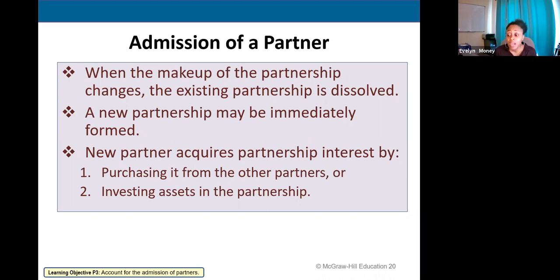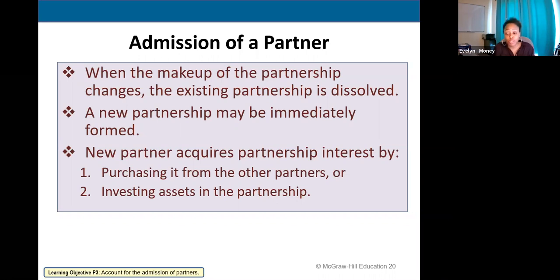And a new partner can come in one of two ways. They can either purchase the investment or the interest of one of the old partners, or they can bring assets into the partnership itself. Now, when a new partner comes in by purchasing the interest from another partner, the partnership does not receive any cash.